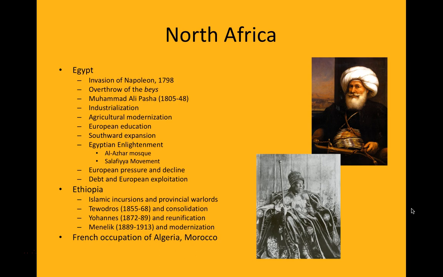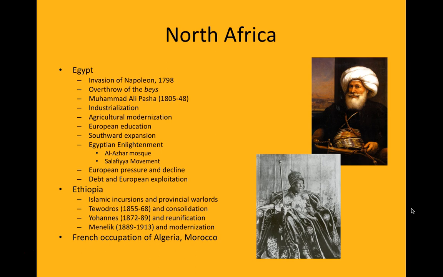One final point, another thing with North Africa. The French, starting in the first half of the 19th century, become really interested in controlling parts of North Africa, and they succeed in obtaining more or less possession of both Algeria and Morocco, dealing a death blow to the final kind of Ottoman pretensions to control Algeria, which had, for a long time, been mostly autonomous.